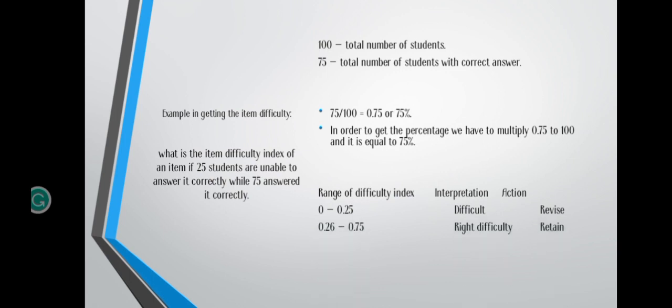Kapag naman from 26% to 75% ng estudyante is nakakuha ng tamang sagot, ibig sabihin right difficulty. Hindi siya mahirap, hindi rin siya madali. So we have to retain those items. Kapag naman 76% pataas, ibig sabihin masyadong madali yung exam. So we have to revise it naman.